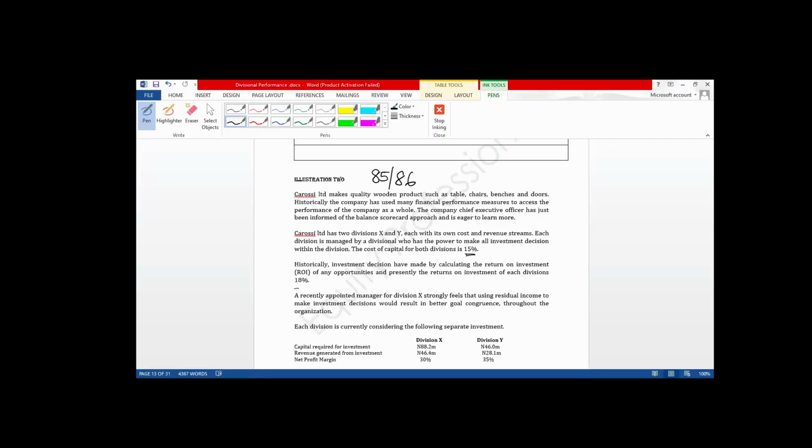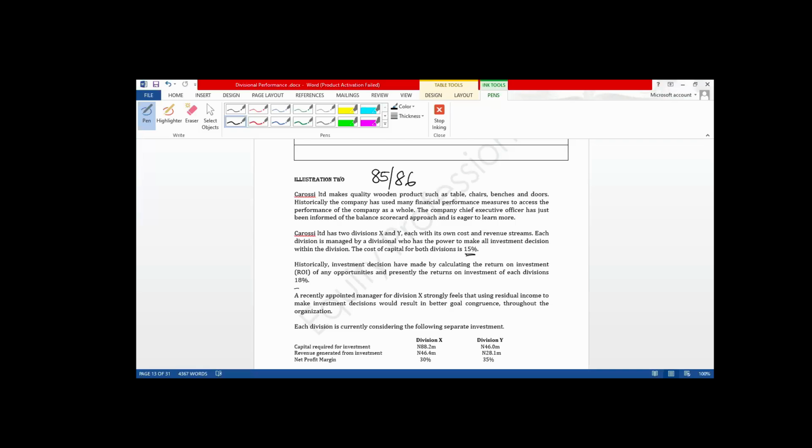Historically, the company has used many financial performance measures to assess the performance of the company as a whole. The company's chief executive officer has just been informed of the balanced scorecard approach and is eager to learn more.